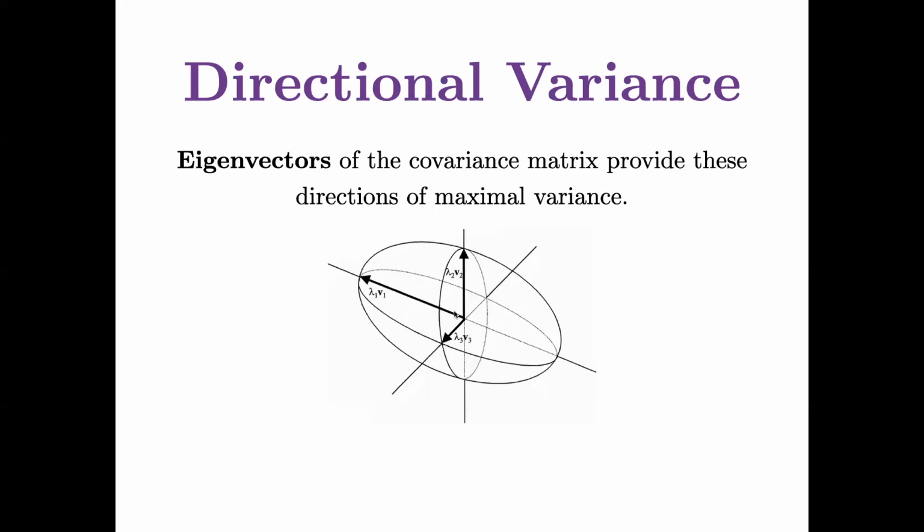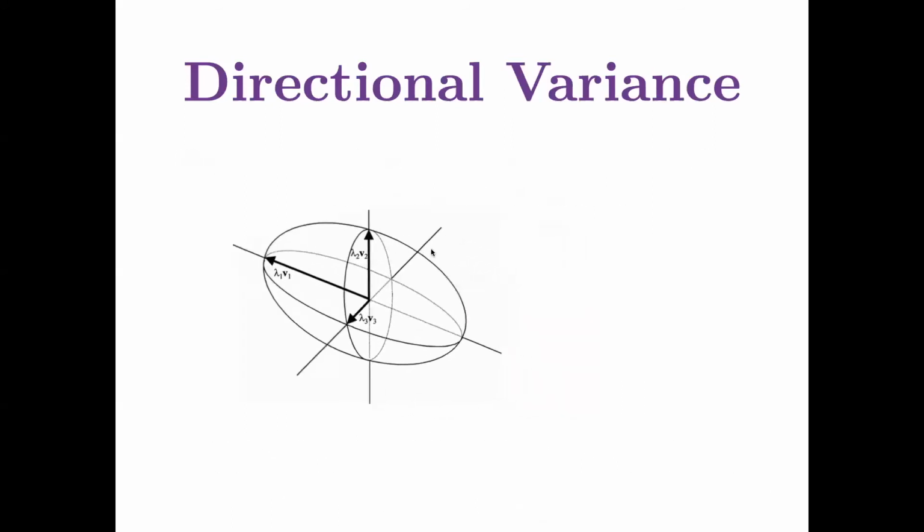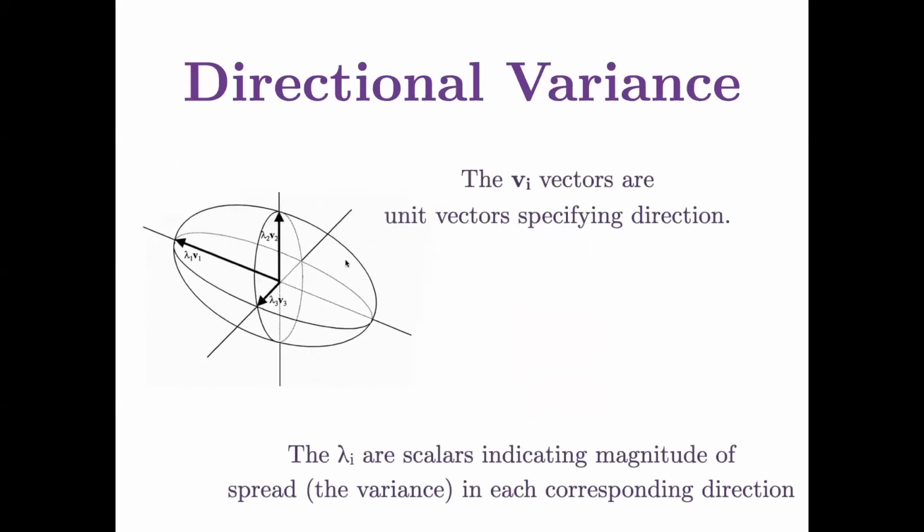So eigenvectors are the major and minor axes of the ellipsoid. That would be this shape here that would contain our data, associated with that elliptical distribution defined by a given covariance matrix. These v_i vectors here are unit vectors, meaning they have length 1, just like we want from an orthonormal basis, and they are just specifying the direction.